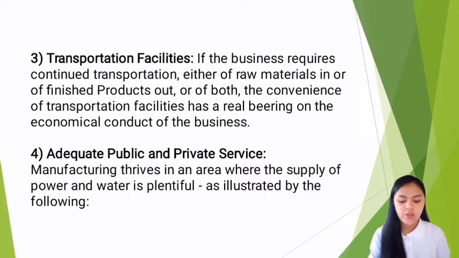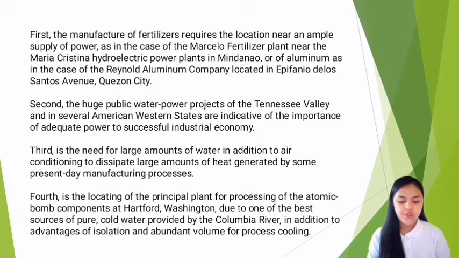The fourth is the adequate public and private service. Manufacturing thrives in an area where the supply of power and water is plentiful, as illustrated by the following. First, the manufacture of fertilizers requires location near an ample supply of power, as in the case of the Maria Cristina fertilizer plant near the Maria Cristina hydroelectric power plants in Mindanao, or of aluminum, as in the case of Reynolds Aluminum Company located in Epifanio de los Santos Avenue, Quezon City.